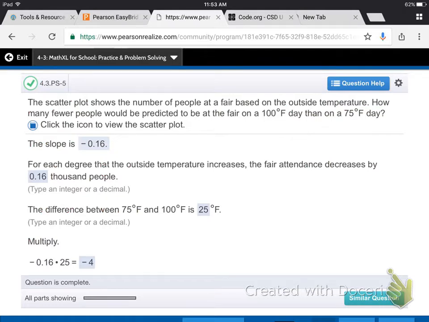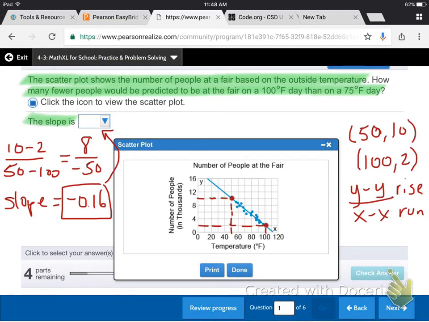Next up, we have several additional questions. First of all, we already answered that the slope is negative 0.16. And that means that if we go back to the graph, for every 1 degree rise in temperature, as the temperature goes up, the number of people is decreasing.